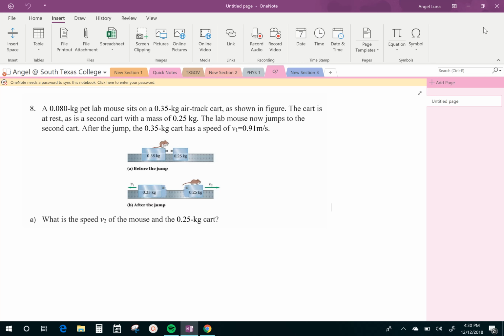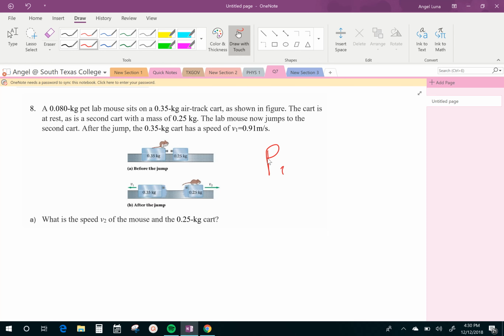So in this problem, we can apply the theory of conservation of linear momentum, which is to say the initial momentum should equal the final momentum.